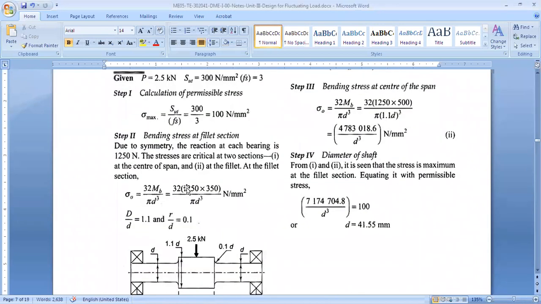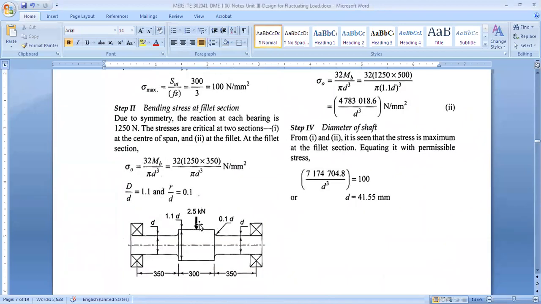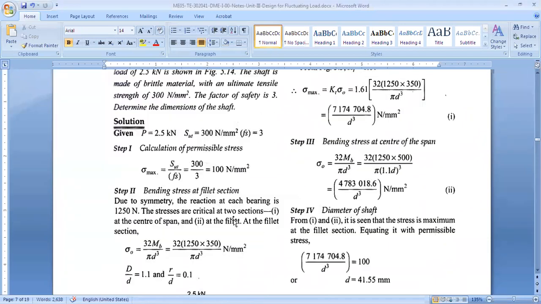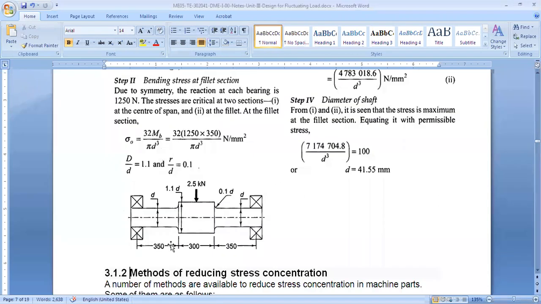This is a shaft which has a load of 2500 newton at the center. You can see at the center there are three parts. On the left hand side the diameter is D, and on the right hand side the diameter is D, where the bearings are.